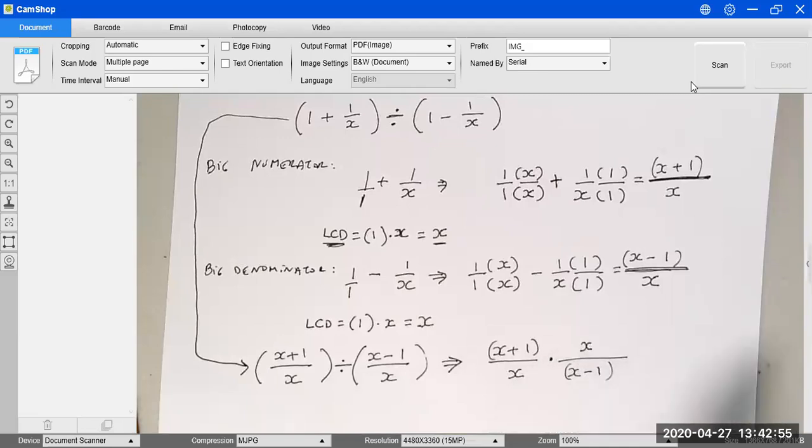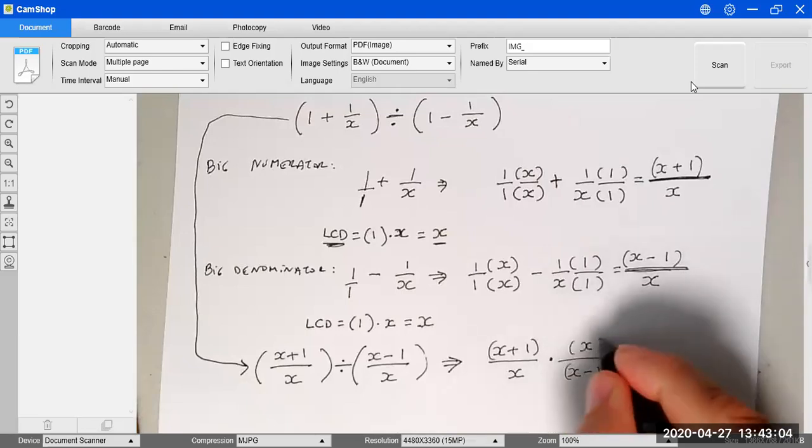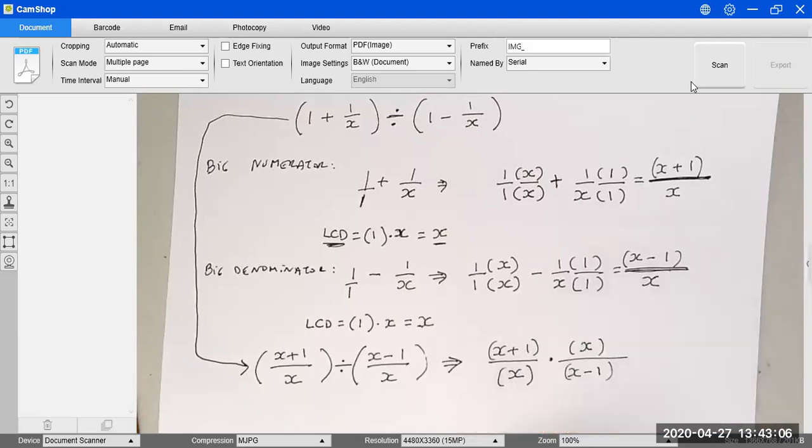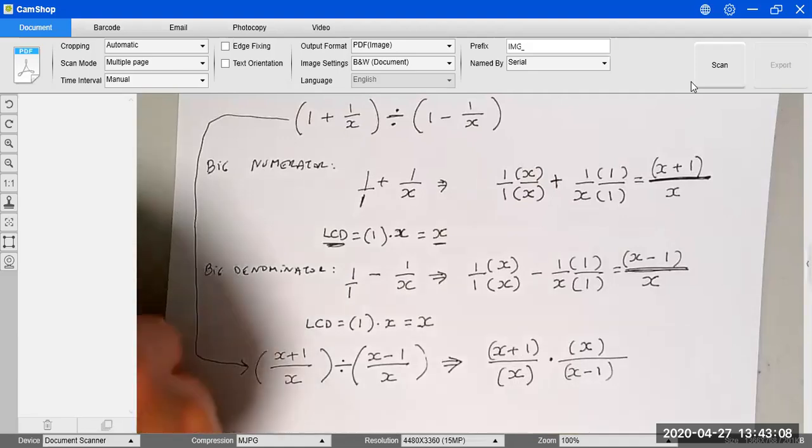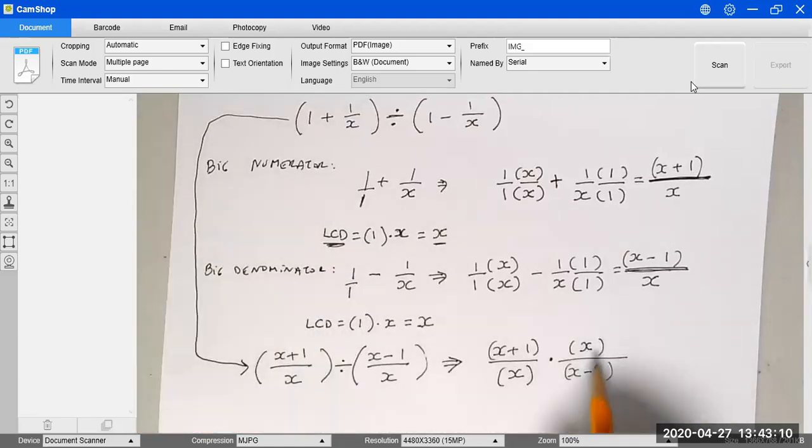And then we're going to finish just multiplying. But remember, before multiplying, we can cancel every common factor from the numerator and the denominator. So we use parentheses to enclose every quantity to visualize better the factors. So what are the common factors?